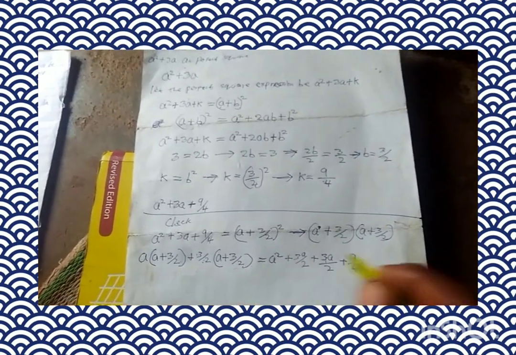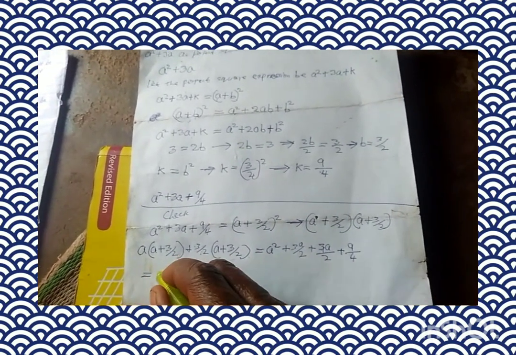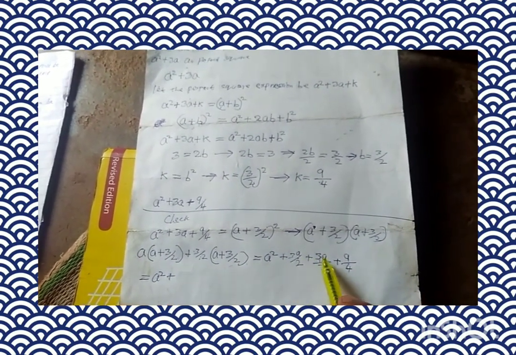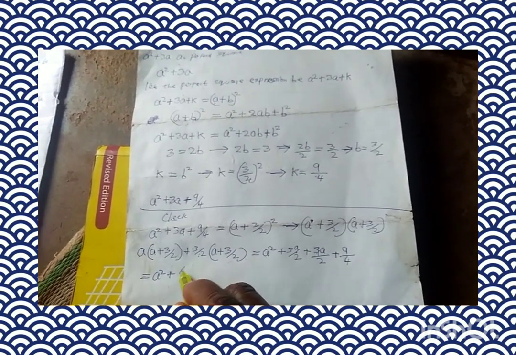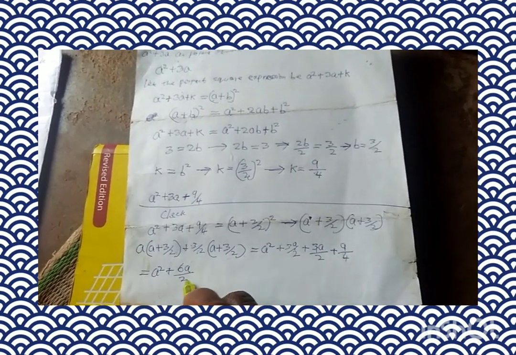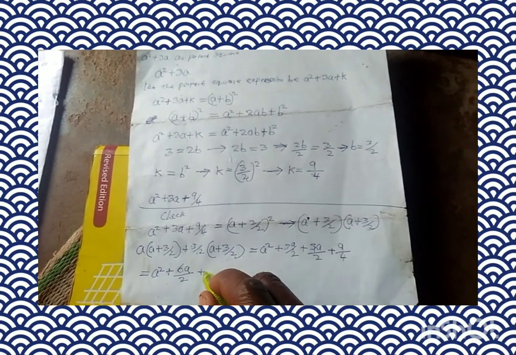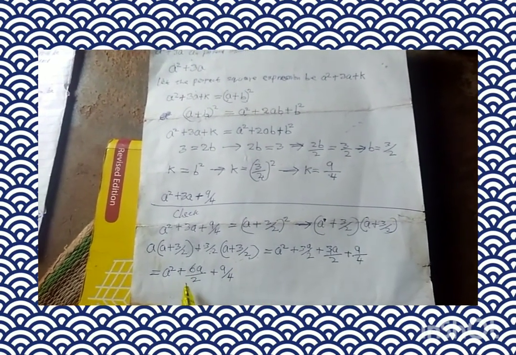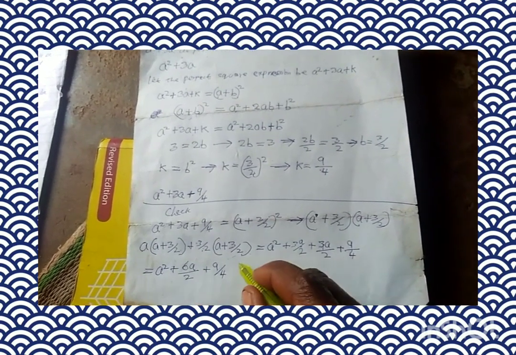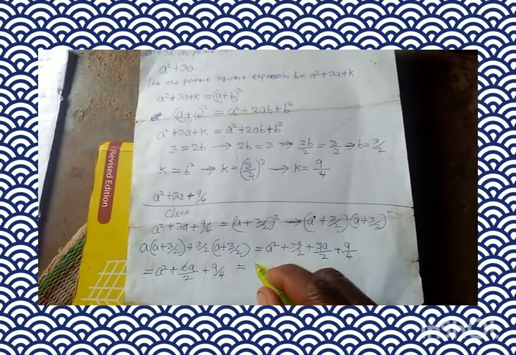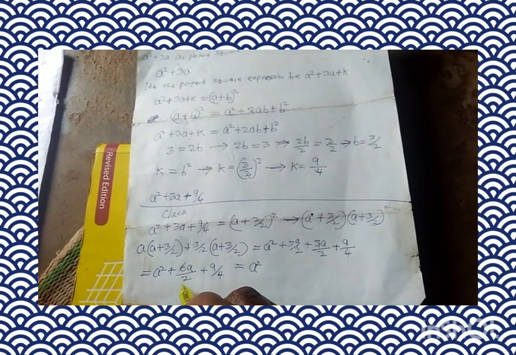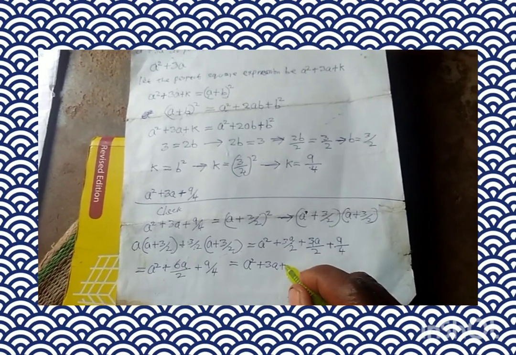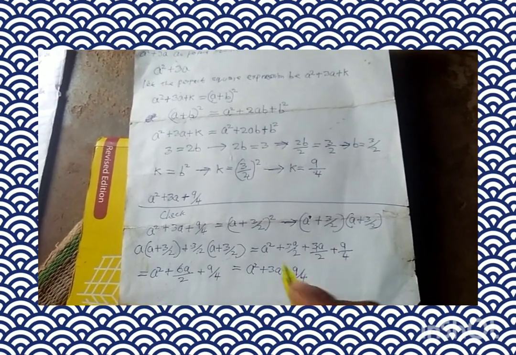So this will be equal to a squared plus 3a plus 3a giving us 6a all over 2, and then we have our 9 over 4. 6a divided by 2 is 3a, so we have a squared plus 3a plus 9 over 4.